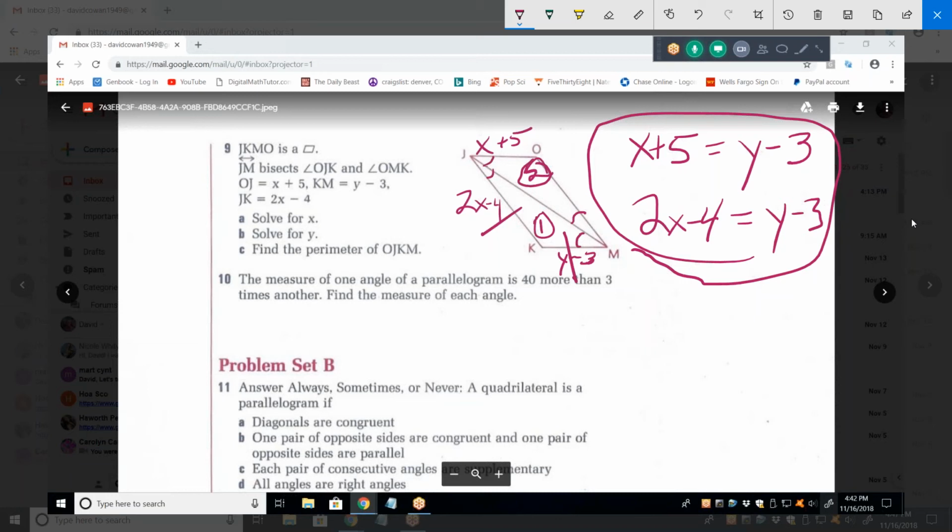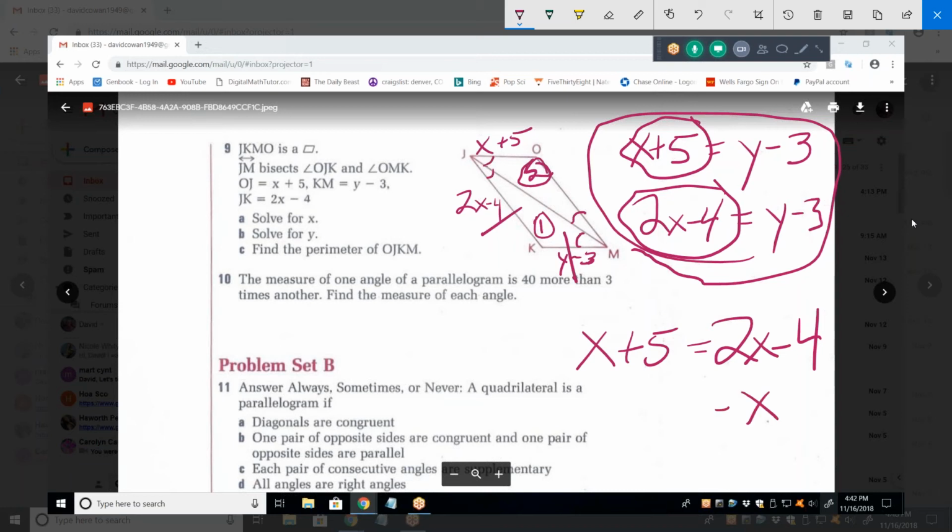They're both equal to y minus 3. Well, I mean, if you've got this entity equal to y minus 3, and you have this entity equal to y minus 3, well, what can you say about those two expressions? That they're equal. And that's what I'm going to write. Now I have one equation, one unknown.